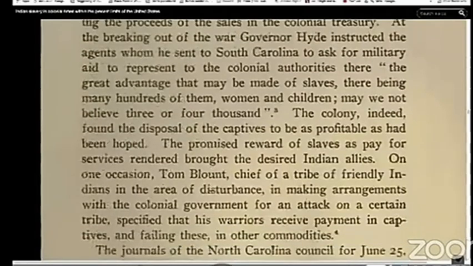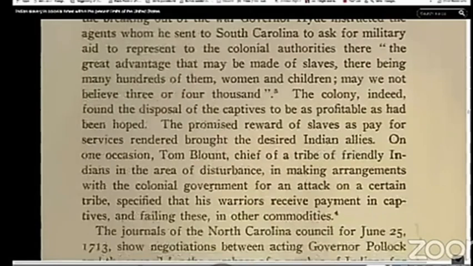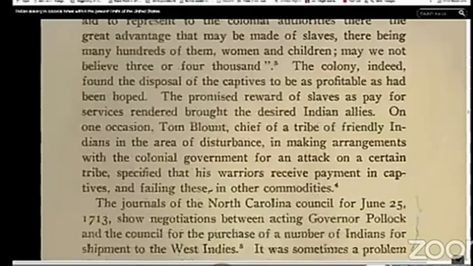On one occasion, Tom Blunt, chief of the tribe of Friendly Indians in the area of disturbance, in making arrangements with the colonial government for an attack on a certain tribe, specified that his warriors receive payment in captives, failing these, other commodities. All right, so this Tom Blunt, chief of whatever tribe, they're not naming it, helped the English or American government get captives, right? And he said, you got to give my warriors some of them.